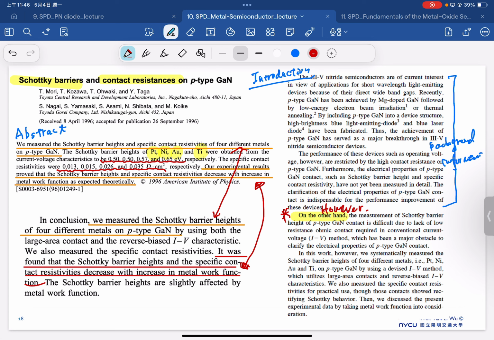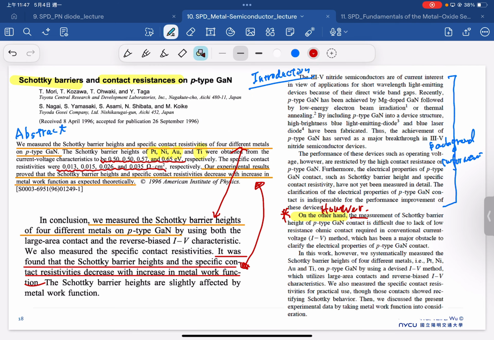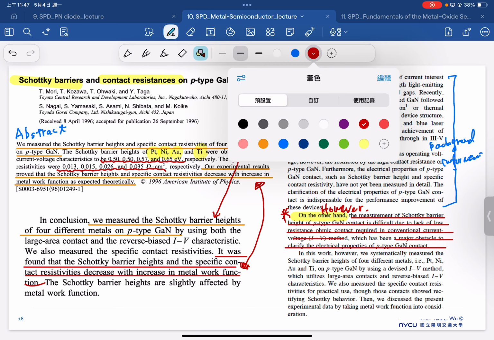The problem is that the measurement of Schottky barrier height on p-type gallium nitride is difficult due to the lack of a low resistance ohmic contact required in the conventional IV method, which has been a major challenge to clarify the electrical property of a GaN contact. So that actually serves as a challenge, the main difficulty at this moment, and also the motivation of this work.